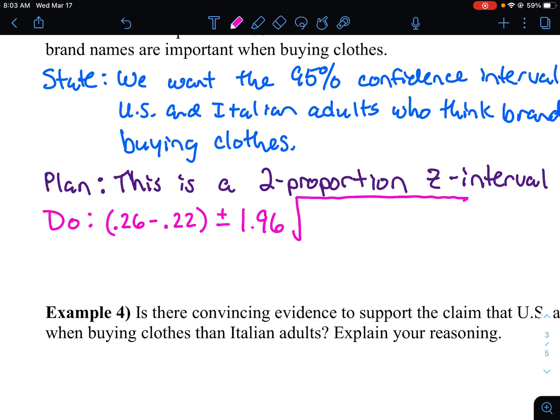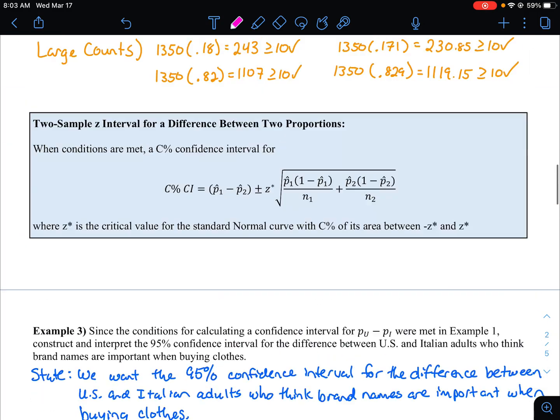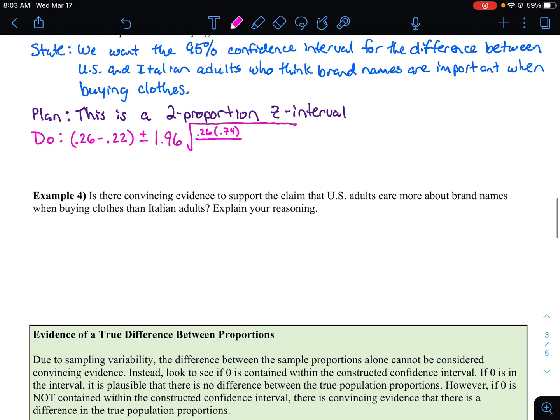And then a longer square root here, and it was p hat 1 times 1 minus p hat 1 all over n1. And our sample size for the first population was 2309.